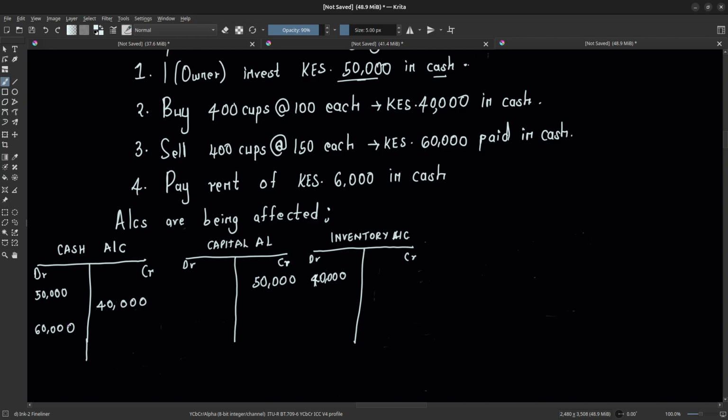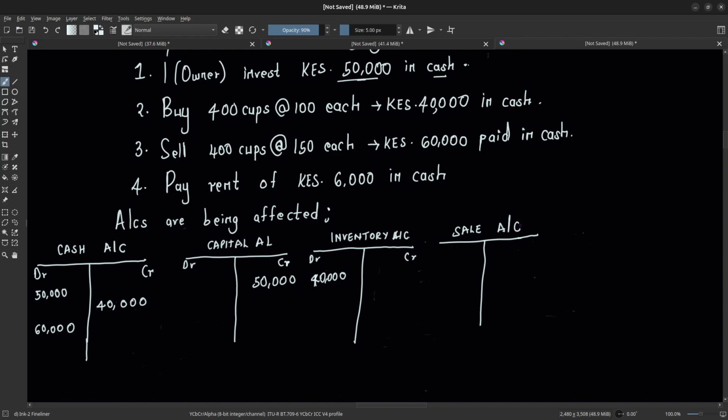Okay, and on the other end, what has happened? First, your inventory has gone down because you sold these cups, but you've also made a sale. Now you need to have a sales account, which is basically a revenue account, to record your revenue as it occurs.